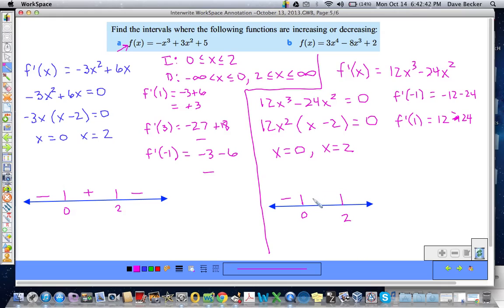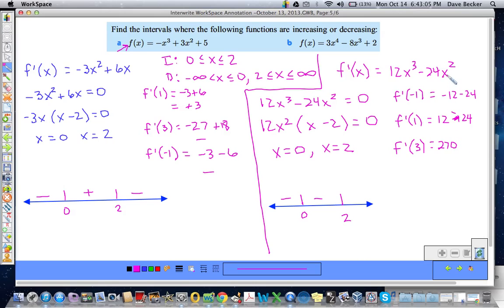You might be thinking, hey, how come it didn't change? Well, it doesn't necessarily have to change. And you'll see that on the graph in just a second. And then we'll try f prime of 3. Is that positive or is it negative? So 27 times 12, that's a big number. I don't know what it is, but I know that 27 times 10 is 270.